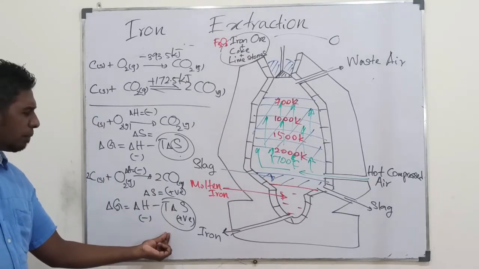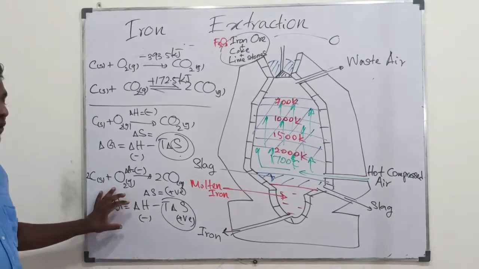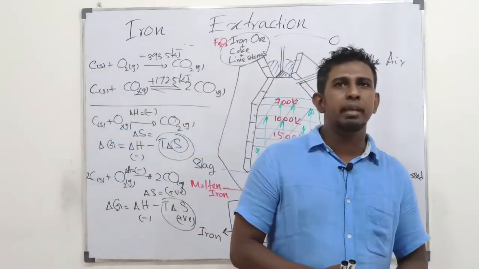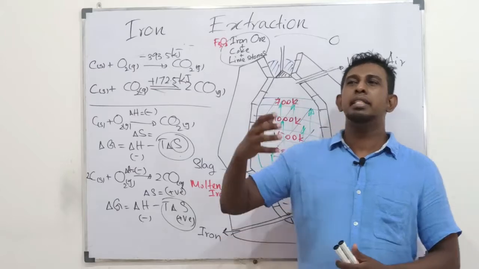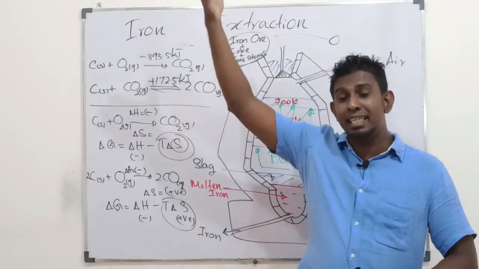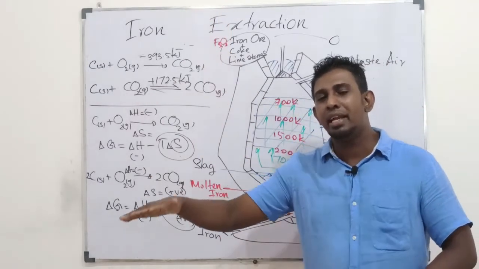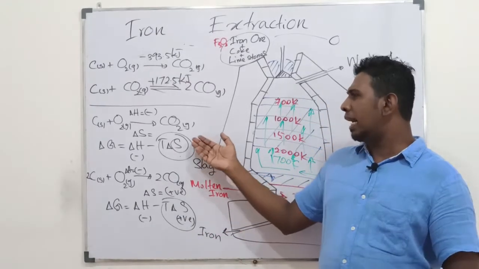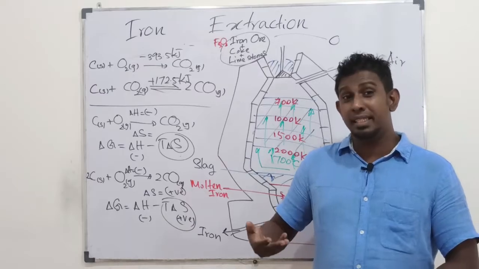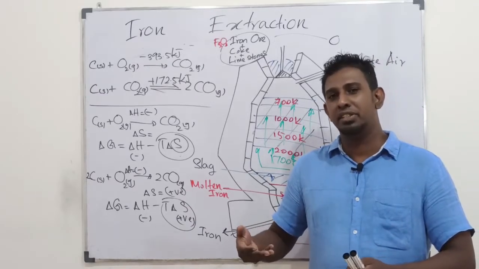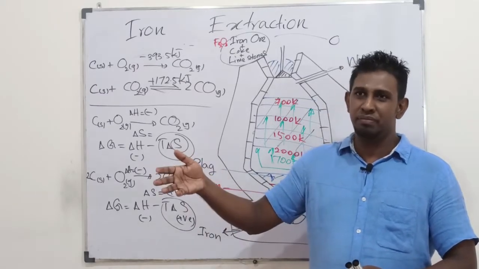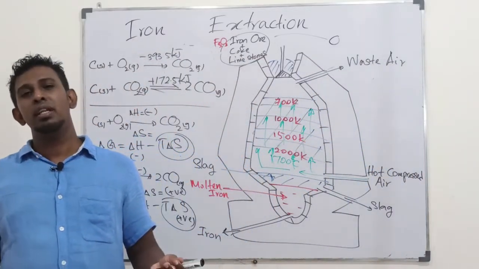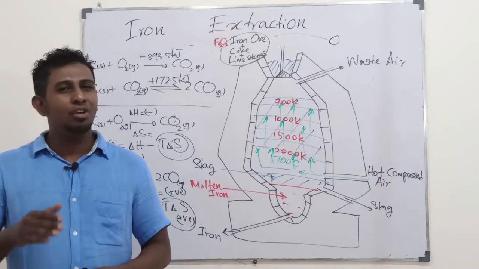Now with the drop of this, the negativeness of the delta G value would decrease. Compared to the stability of carbon monoxide at high temperatures, its stability at lower temperatures would be less. But carbon dioxide remains as it is. Its stability does not change much with temperature. Therefore, compared to carbon monoxide, we would call carbon dioxide more stable at lower temperatures.